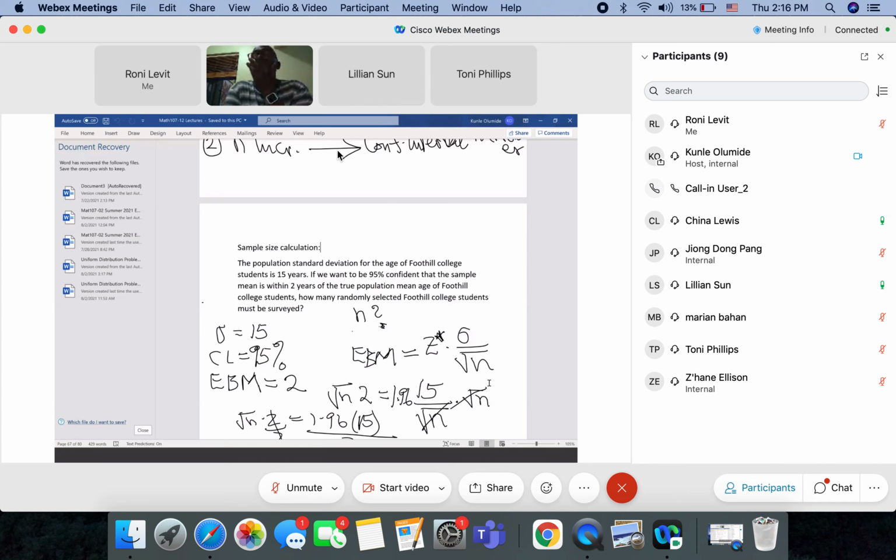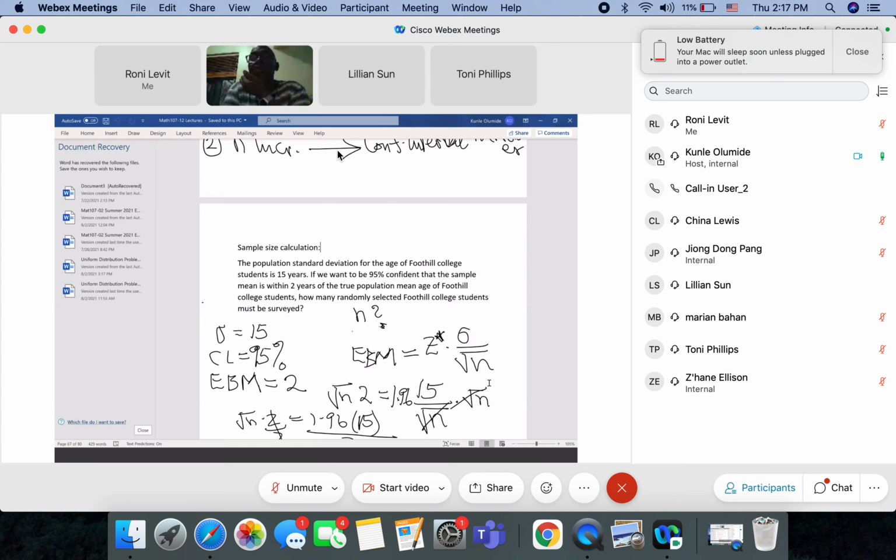Professor, what was the question? You want us to find Z? No, they wanted us to solve for n. Oh, okay. We got the same answer as Lillian. We know the EBM is 2. We know sigma is 15. And Z star, because we have 95%, I believe is 1.96.